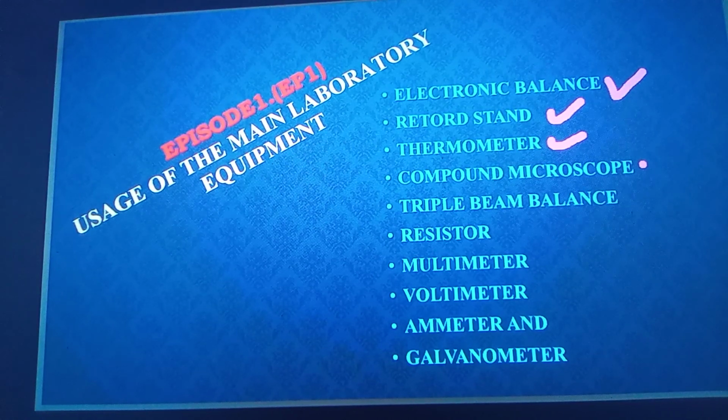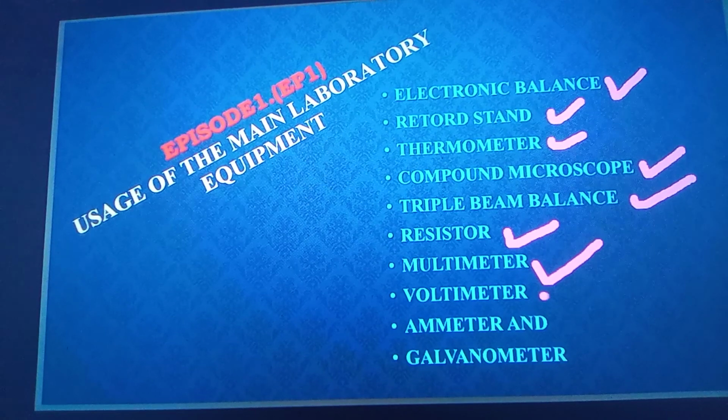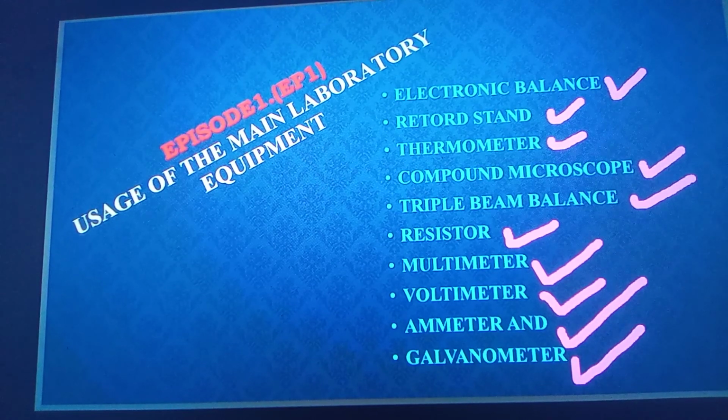You will see about the compound microscope, triple beam balance, resistor, multimeter, voltmeter, ammeter, and galvanometer.